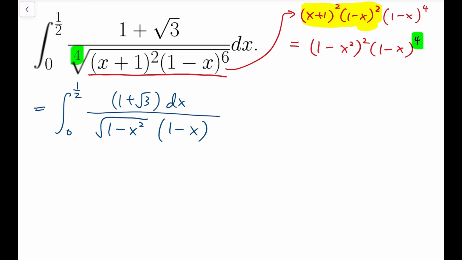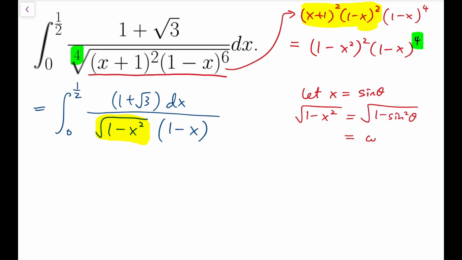At this point, I'm going to make use of a trigonometric substitution because we have a term of the form square root of 1 minus x squared. And it's a common trick to now let x equals sine theta, so that the square root of 1 minus x squared is the square root of 1 minus sine squared theta, and that's cos theta.